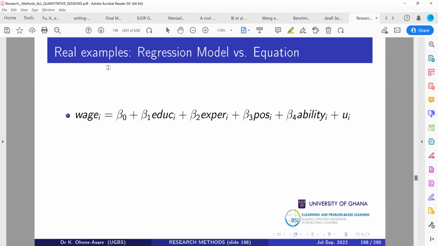I'm showing you another example of a multiple regression, but this time it is wage. Your wage, you will agree with me, is influenced by education, experience, position, ability, and of course, other factors. Unfortunately, those other factors cannot all be written, so they are all captured in the error term.